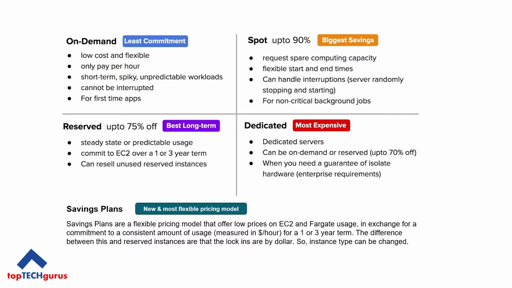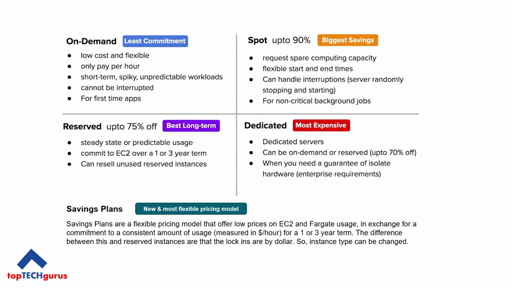Do you want to use this for the next 3 years, and you know you're going to use it? Then you can set it up in a different payment plan. Or if you want to just use it as you go, which is the most commonly done, it's the least commitment. Or you can choose something called spot or reserved, where you get better savings.